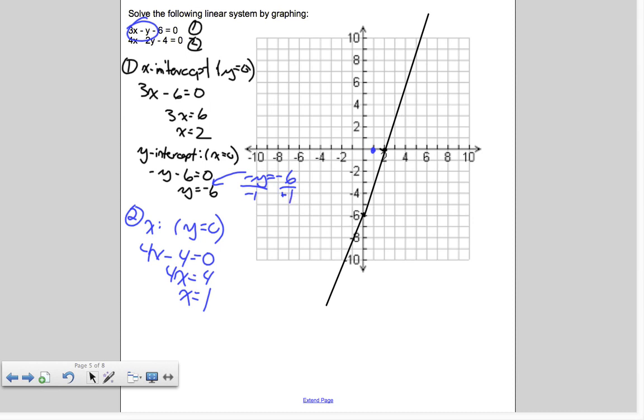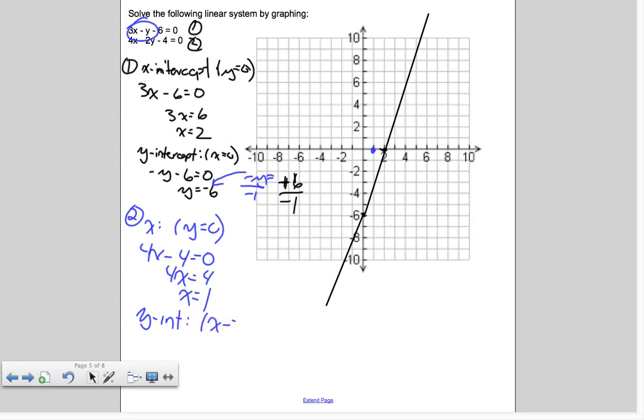And that'll give you a positive 6, and then divide by negative 1.